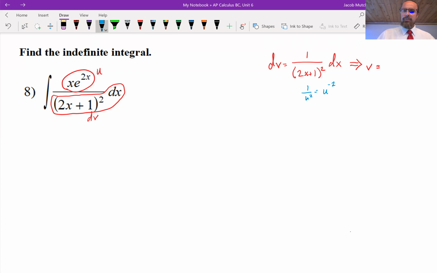Let me back up just a moment. Let my thoughts get ahead of my pen. So let's call u here, and I'm keeping that distinct from my other u. So let's call it u sub 1 is going to be that 2x plus 1. So then du sub 1 is going to be just 2 dx.